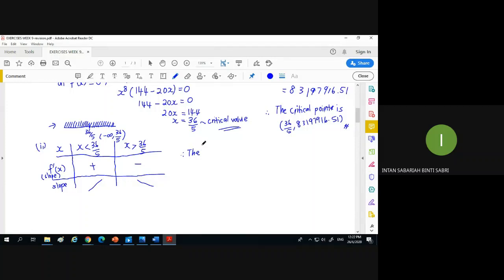So therefore the point at 36/5, is it a maximum or minimum? Maximum. Yes, good. It's a good maximum point.